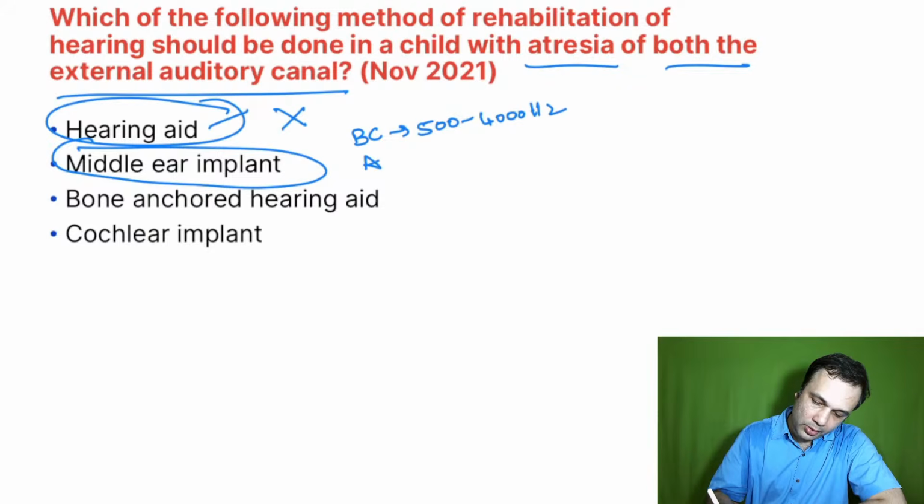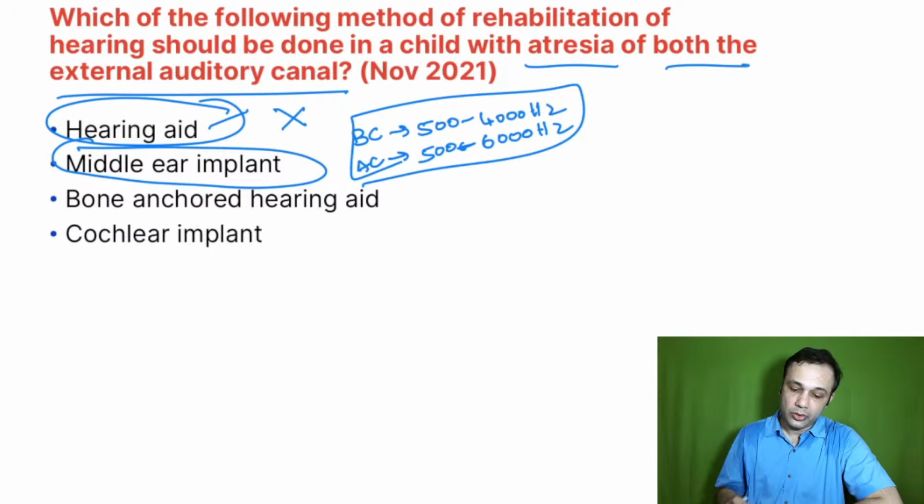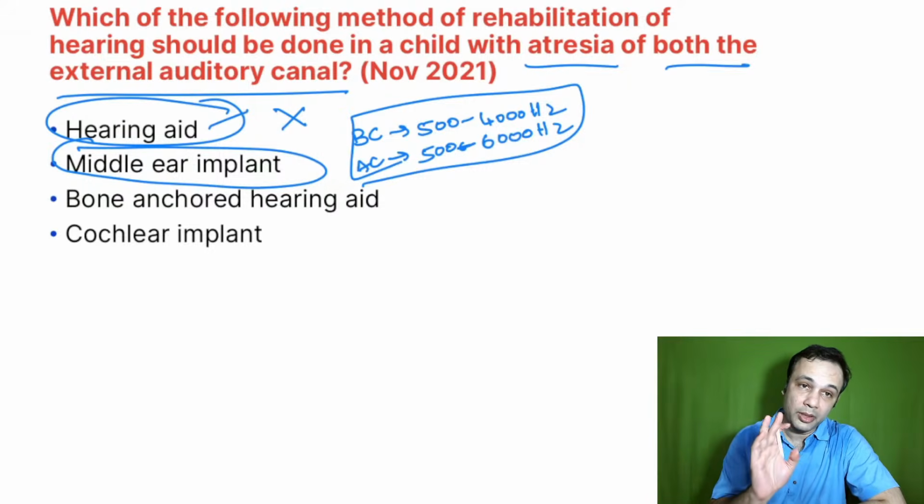And when you talk about sensory neural hearing loss, you're looking at air conduction thresholds, which have to be in the range of 500 to 6000 hertz. So for middle ear implants, these thresholds should be stable enough for you to give a rehabilitation.